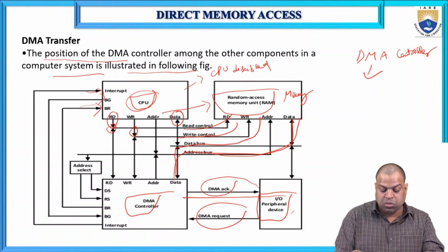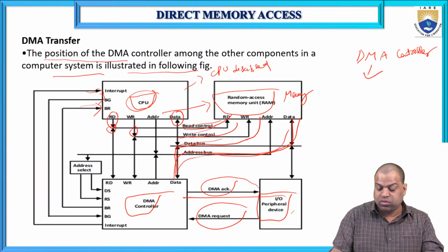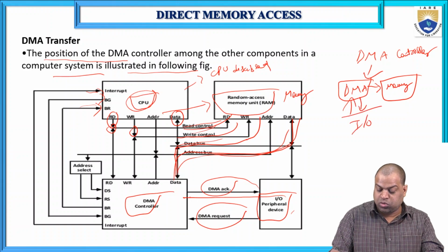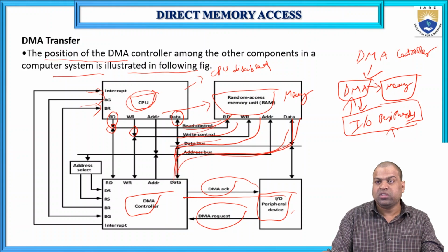Directly DMA to memory, all are connected to the DMA, to memory, and this DMA to input output peripherals. So input output is connected to the DMA and DMA is connected to the memory. Again memory to DMA, DMA to output.